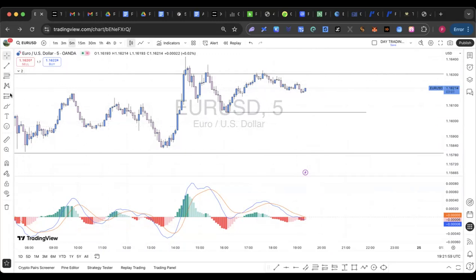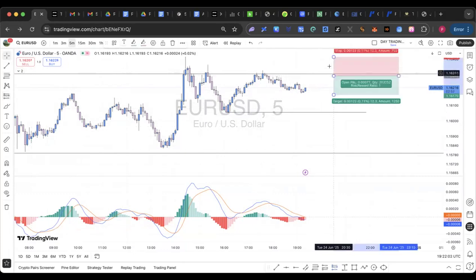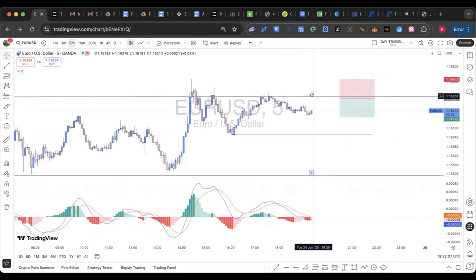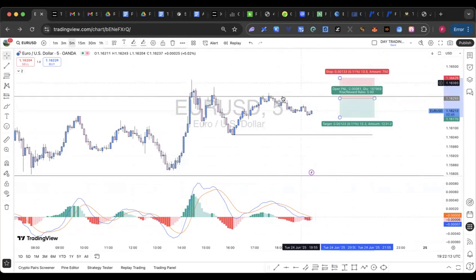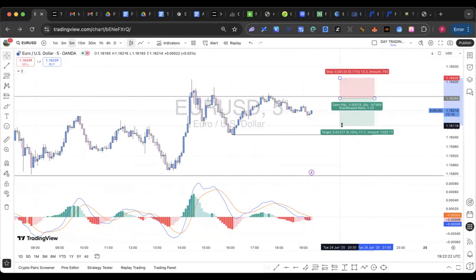Now, this is the point I want to show you guys. When you short a market, for instance, let's say when the market comes back here, your first target is that you're looking at chances where, if the market invalidates and that becomes a known void, that's where you put your stop loss. This is your stop loss, 13 pips, 1:2.